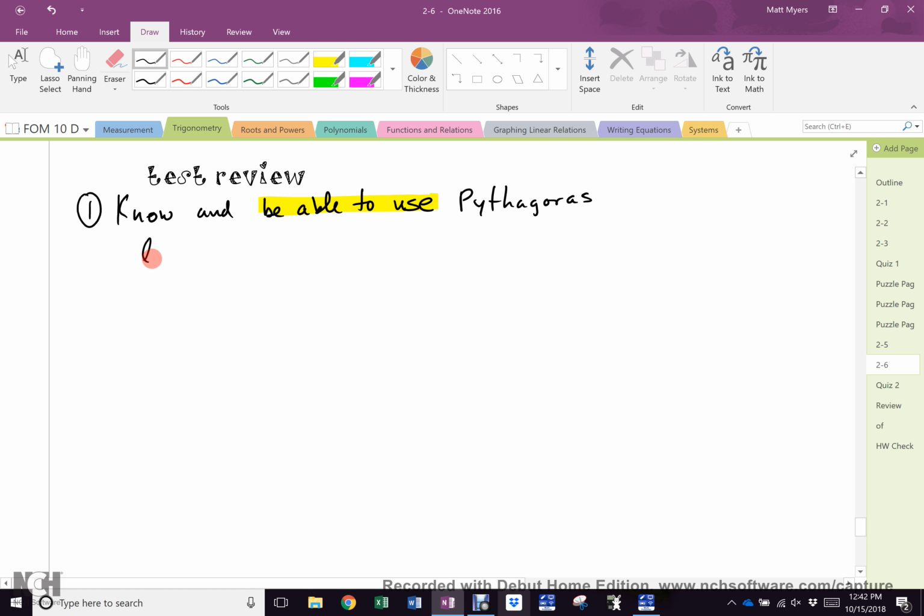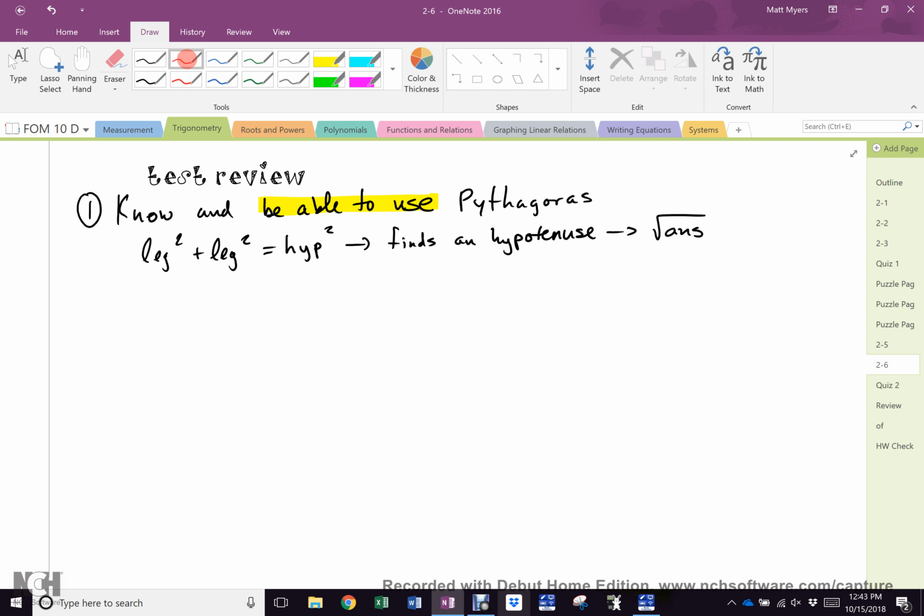So, I might have leg squared plus leg squared equals hypotenuse squared. When will I use that? What am I trying to find when I'm doing addition? Excellent. That finds a hypotenuse. What must I remember to do at the end? Square root my answer. That is when I am adding.